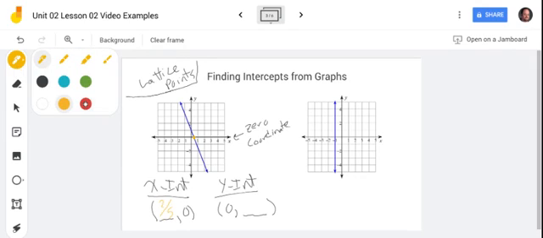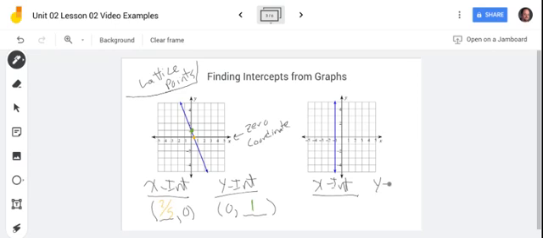Now, if we look at the y-intercept, and I'm going to switch to green on this, that is right there. That is at a nice, neat point. And when I read that, that went up the y-axis to +1. So my y-intercept is 0, 1. Now let's look at this other one. And again, I'm going to write x-intercept, y-intercept.